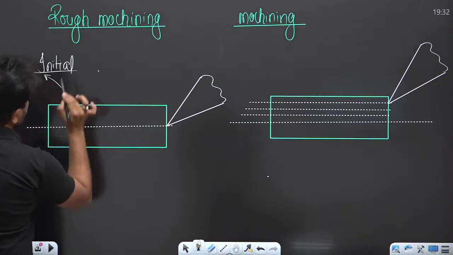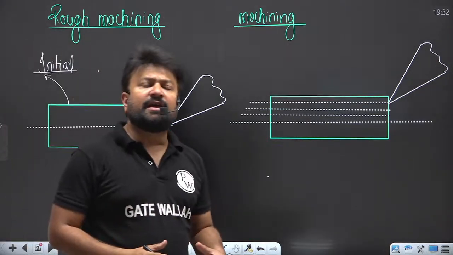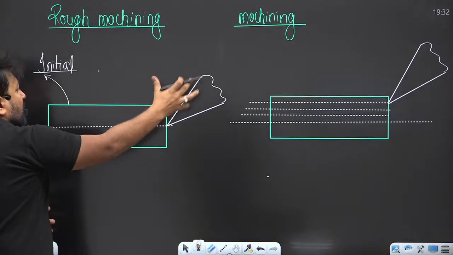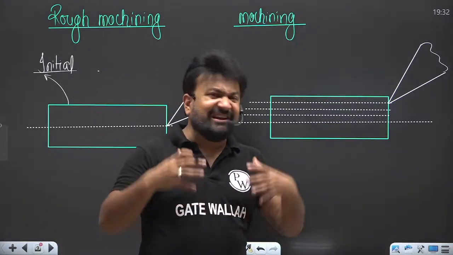So in rough machining, majorly, we remove a large amount of material in one pass.